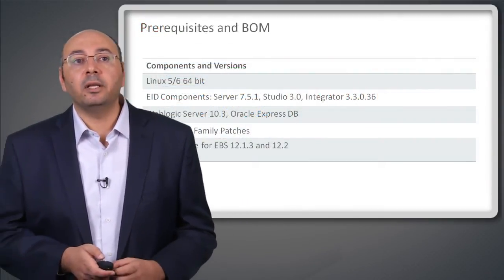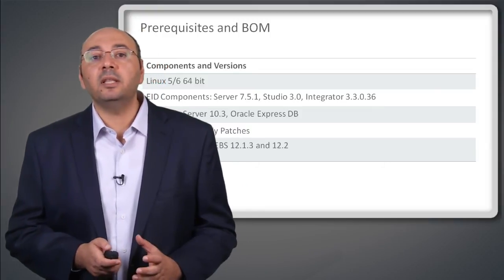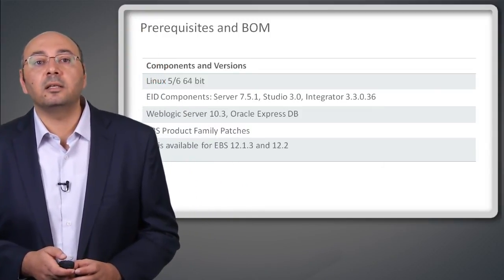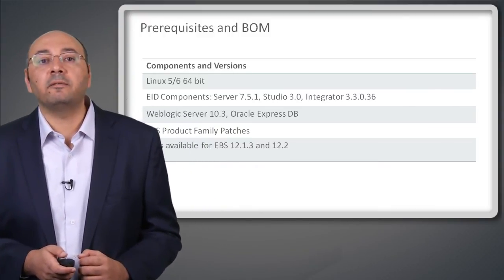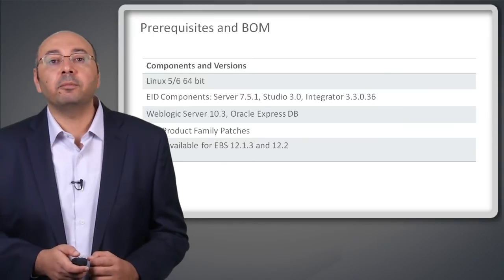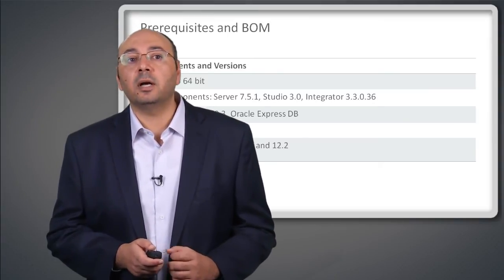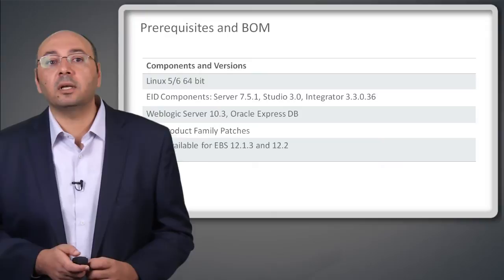So this is the prerequisites and bill of materials. You need at least Linux 5.6, 64-bit. What comes with our quick installer is EID, Endeca Information Discovery 3.0, which is the component on the slide.